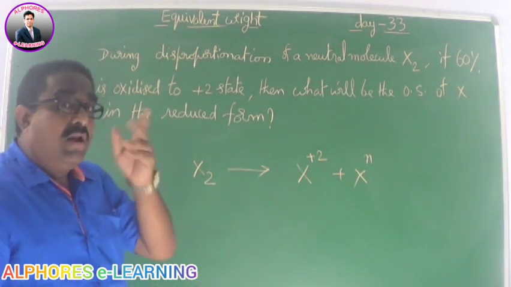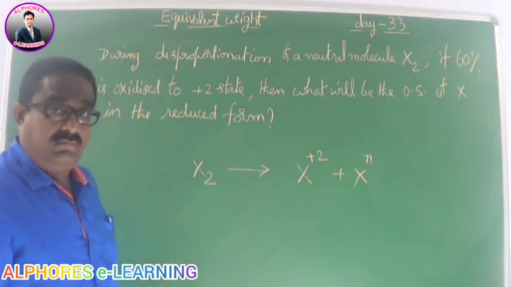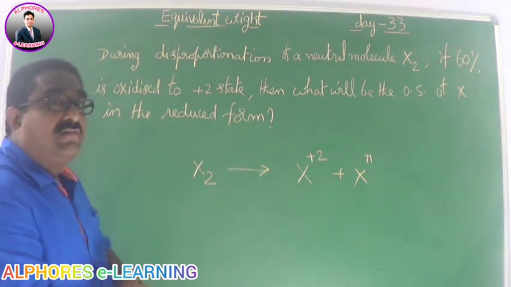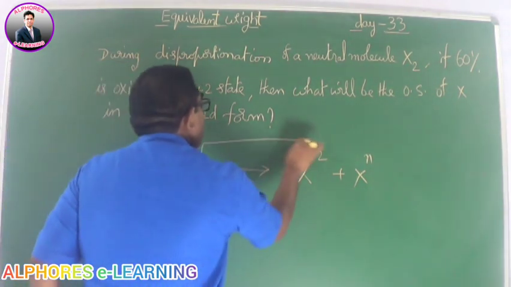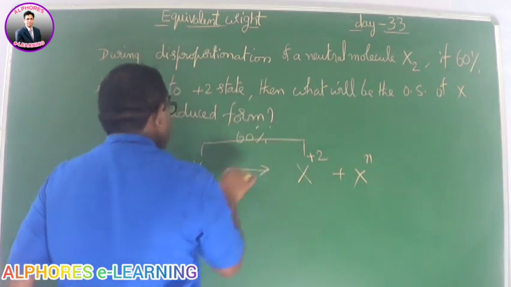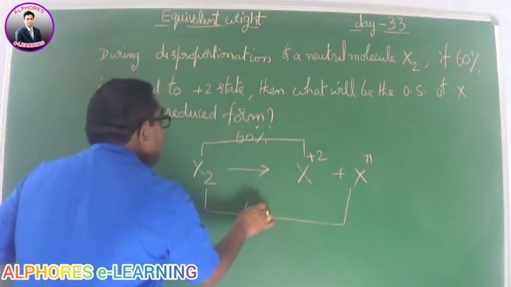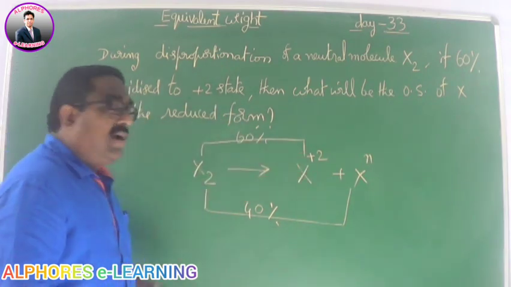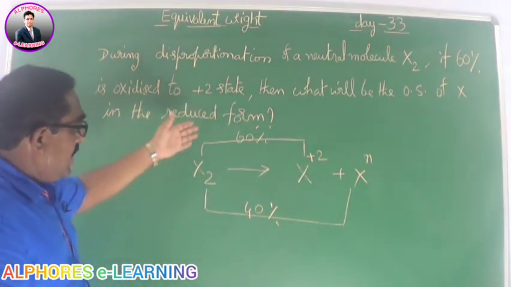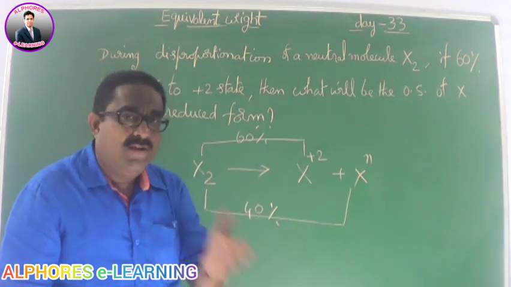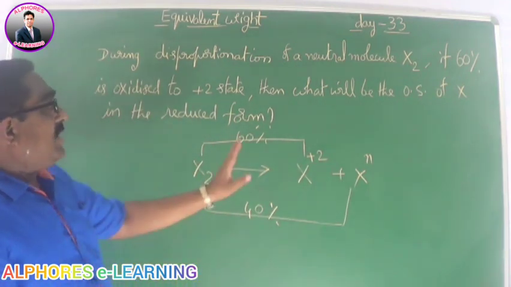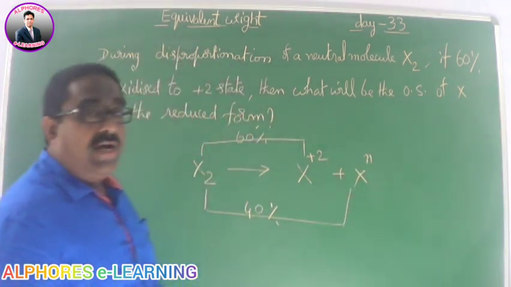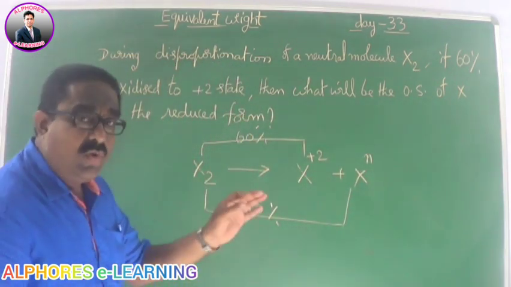I don't know what is the value of n. That's what I have to find out. 60% is oxidized, so 40% is in the reduced state. Our target is the oxidation state of that reduced form of X.